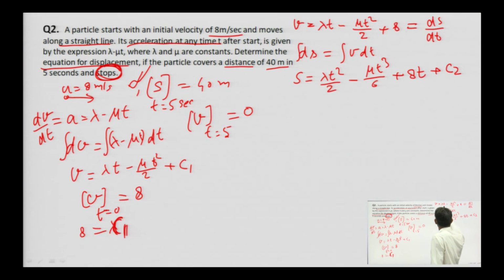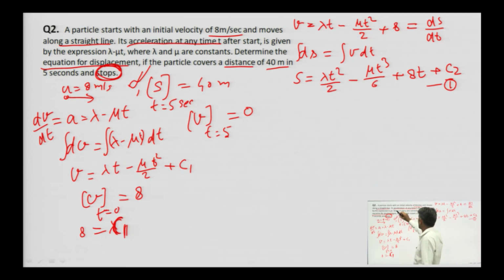To get the value of lambda and mu, we need one more boundary condition, because we have lambda, mu and C 2, and only two equations.